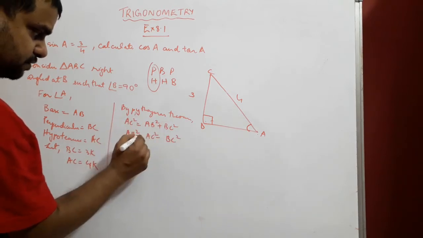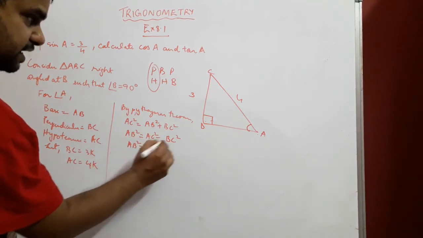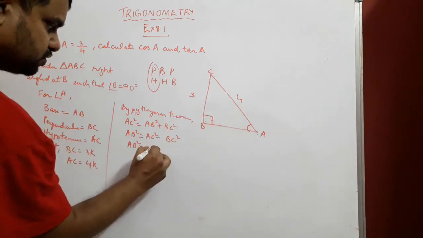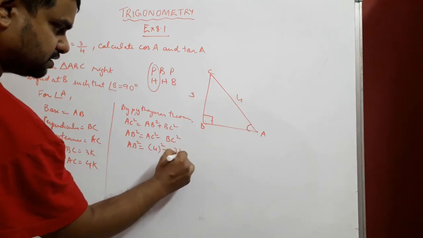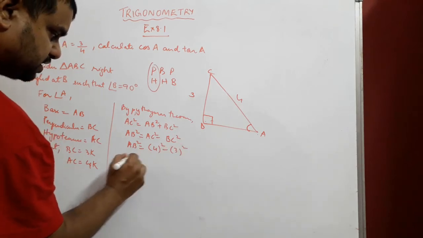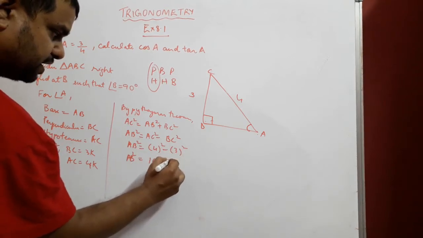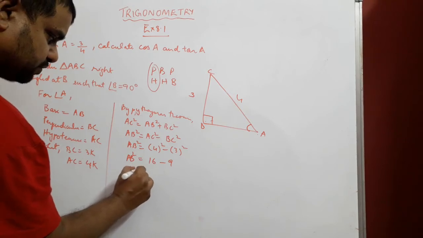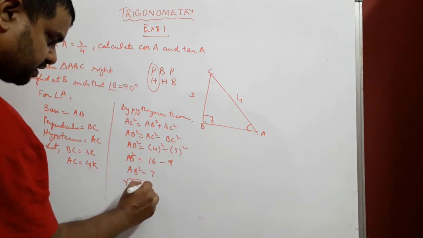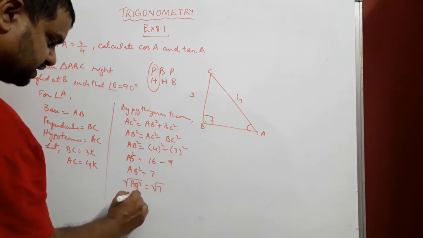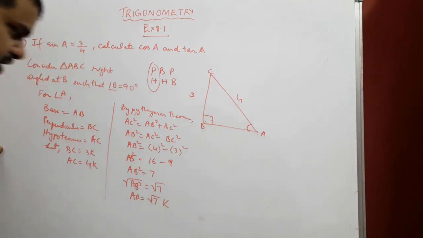AC is 4, so 4 square minus BC, which is 3 square. This gives us AB square equal to 16 minus 9, that gives AB square equal to 7. So taking the square root, AB equals square root of 7, and the unit will be root 7K.